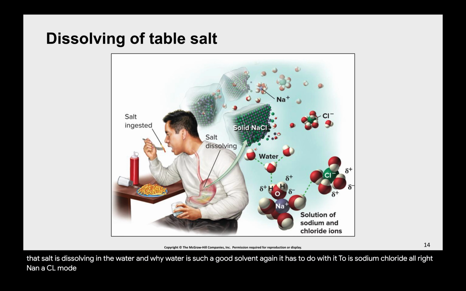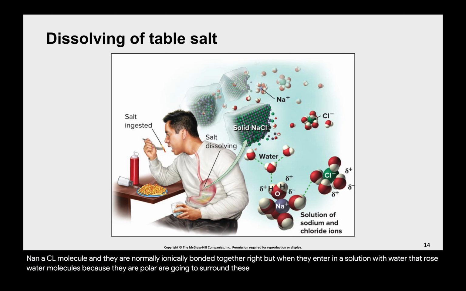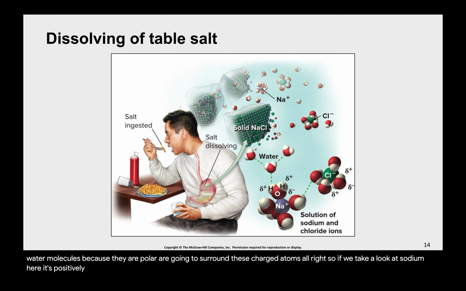NaCl. The sodium and chlorine are normally ionically bonded together. But when they enter a solution with water, those water molecules, because they are polar, are going to surround these charged atoms. If we take a look at sodium here, it's positively charged.